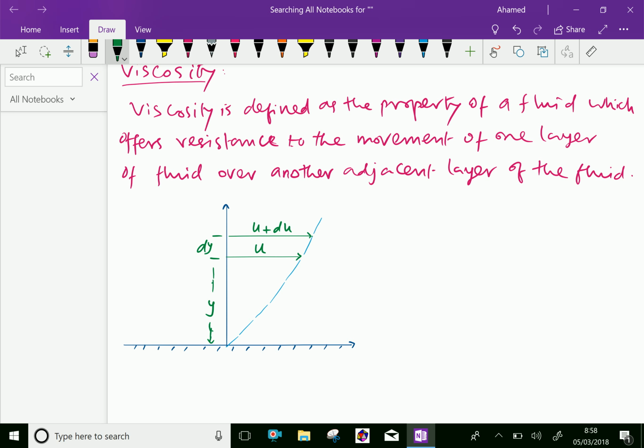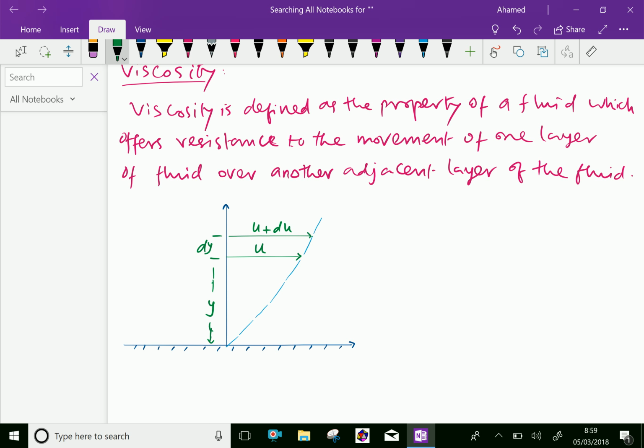Now here, when two layers of a fluid at a distance dy move one over the other at different velocities, that is u and u plus du, the viscosity together with the relative velocity causes a shear stress acting between the fluid layers.